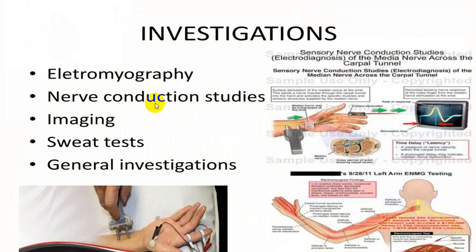EMG and nerve conduction study will be helpful to find out the severity of involvement. You can also utilize CT or MRI. Sweat test is not very commonly done, and by and large the clinical history and good clinical examination are more useful than others.